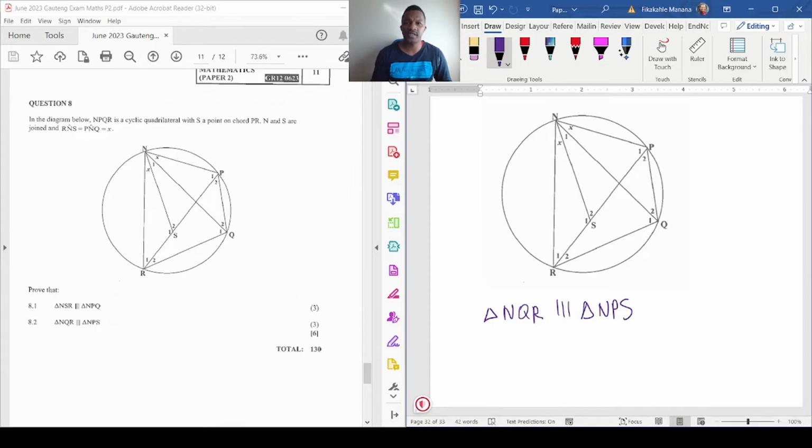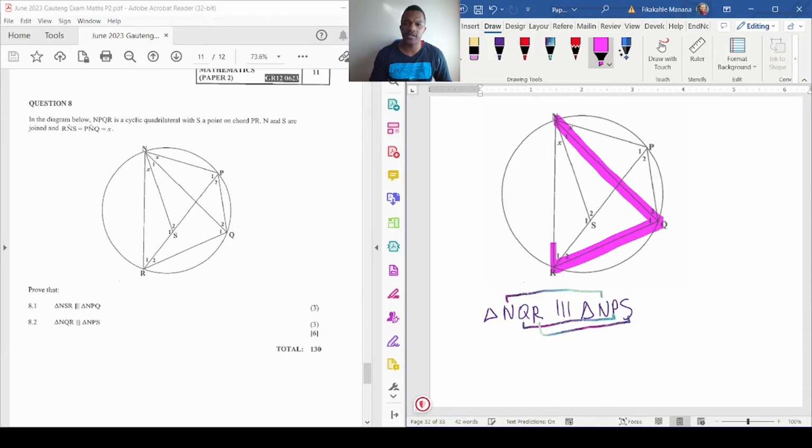So basically, like we said before, we have to prove that this N and that N are the same, that Q equals that P, and then finally this R equals that S. Cool. Now let's highlight our triangles. N, Q, where's Q? Okay, so it's N, Q, and R.